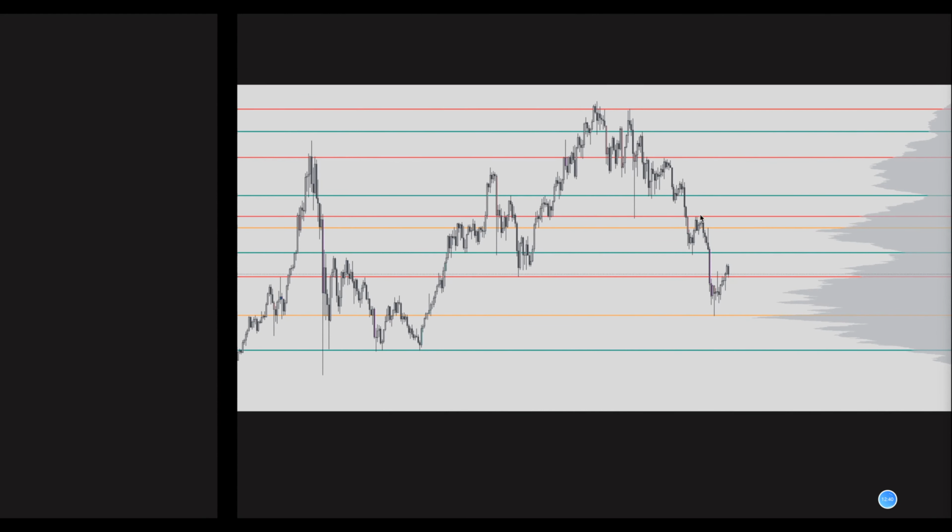This is, I think, Bitcoin actually, and once again you can see how these levels are marked. The POC is a little bit below the price, but you have these tests from a price action point of perspective. So you want to be more inclined to look at that instead of just blindly putting it there.